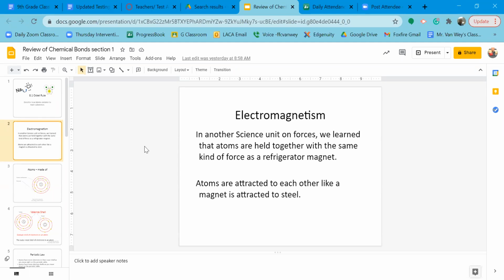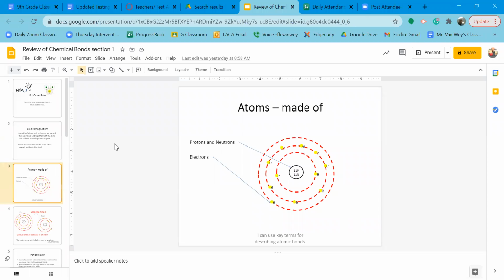So this is the force that is at work here, and it all depends on the electron shells that we've already learned about. So, quick review. Atoms are made up of the protons and neutrons in the nucleus. For our study of science, we're sort of done with that. We're not going to worry too much about protons and neutrons anymore.